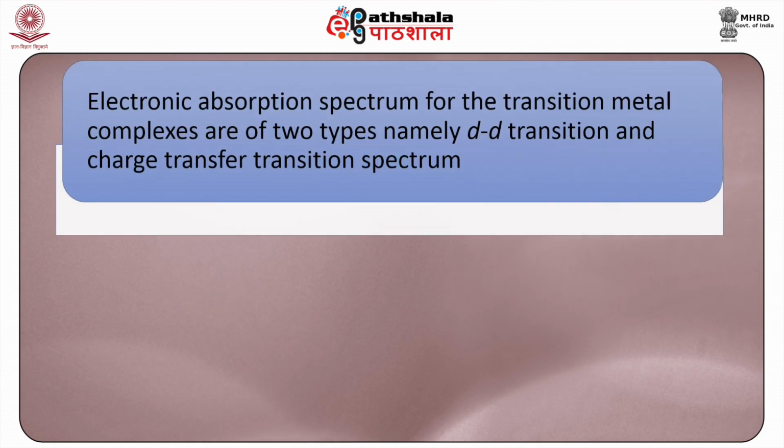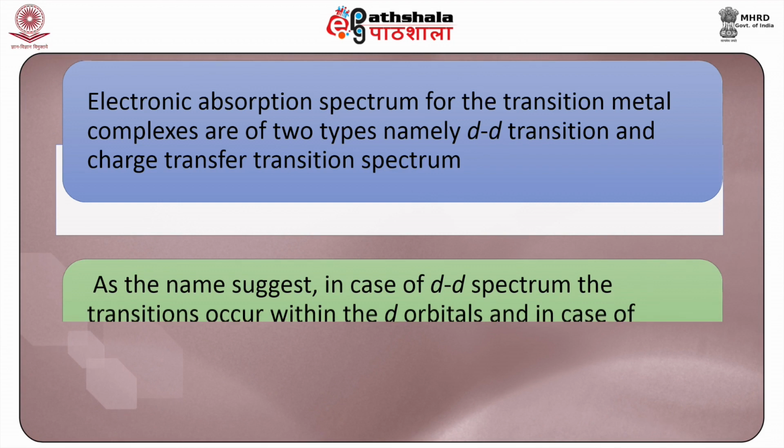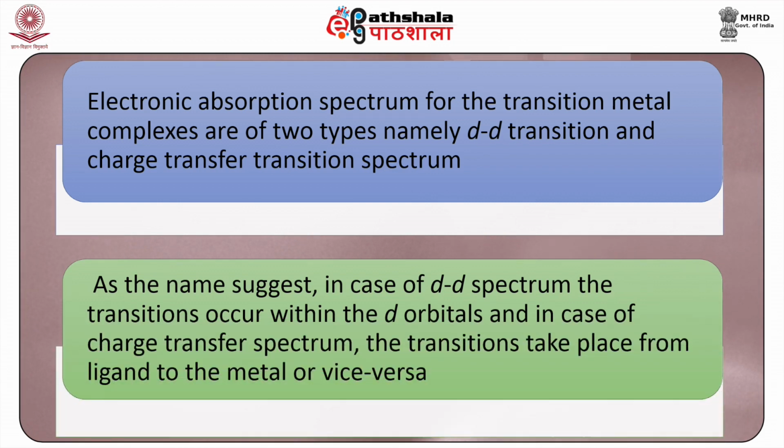The electronic absorption spectrum for the transition metal complexes is of two types, namely d-d transition spectrum and charge transfer transition spectrum. As the name suggests, in the case of d-d spectrum, the transition occurs within the d orbitals, and in the case of charge transfer spectrum, the transition takes place from ligand to the metal or from the metal to the ligand.